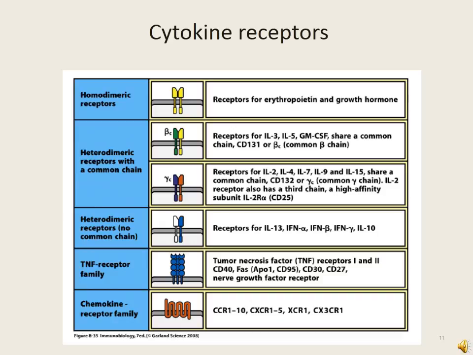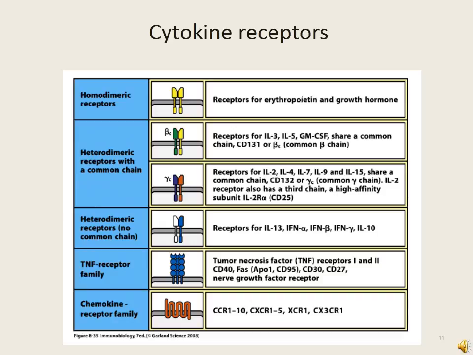In this figure, the table shows you that it is a dimeric molecule. The upper row shows us that the cytokine receptor is sometimes a homodimeric receptor.